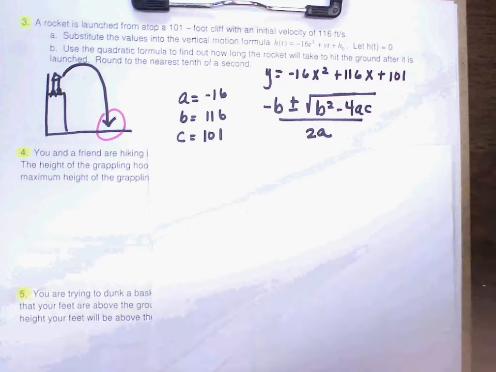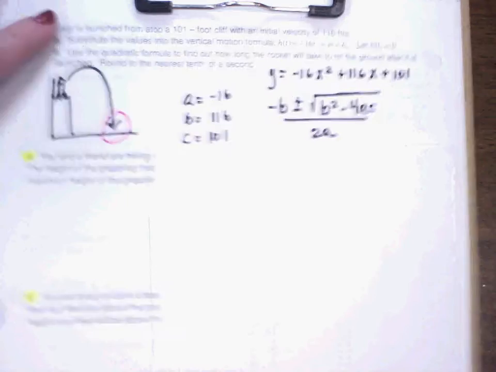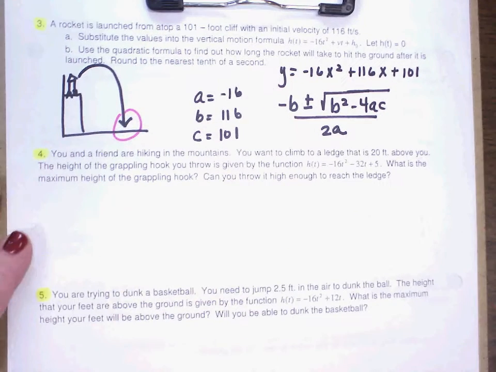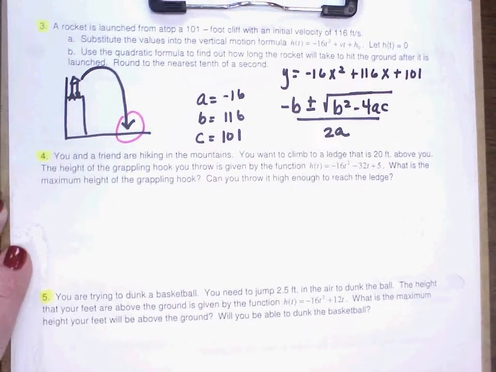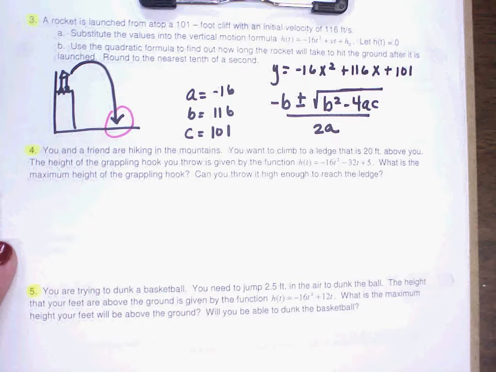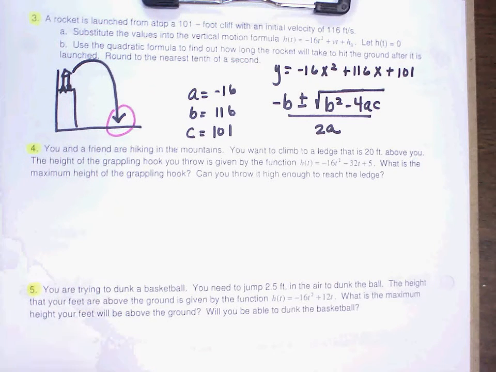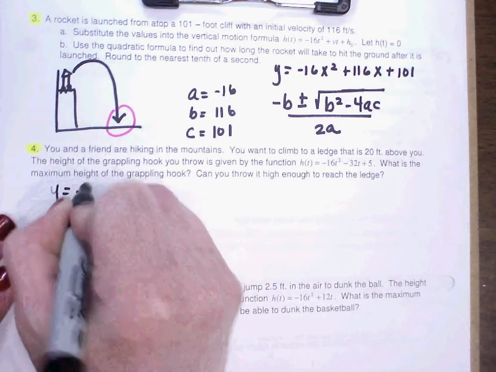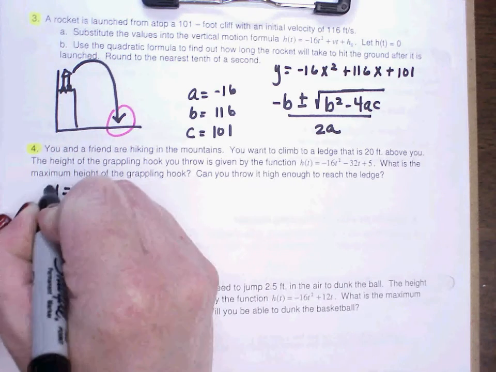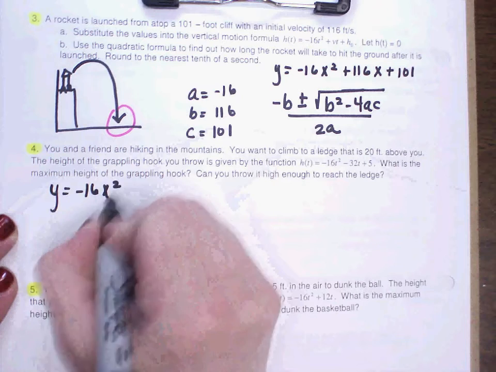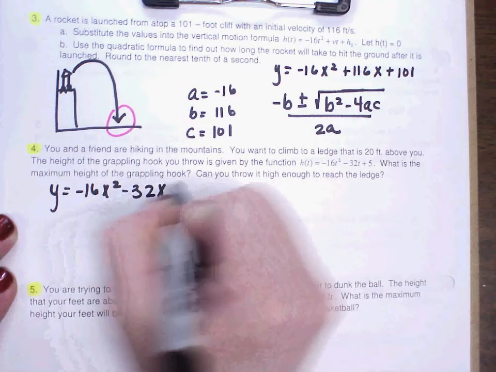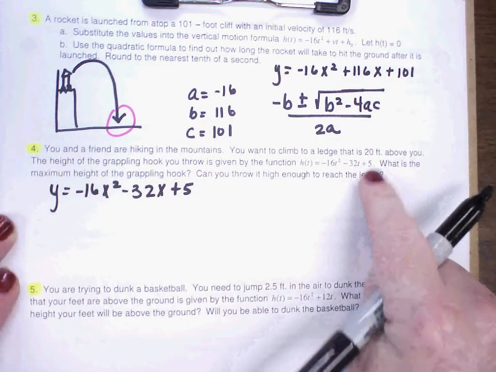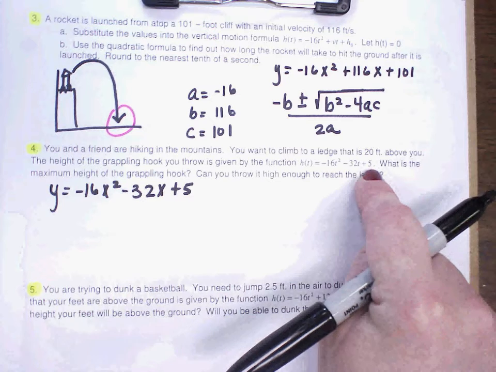Alright, so for number 4, it says, you and a friend are hiking in the mountains. You want to climb to a ledge that is 20 feet above you. The height of the grappling hook you throw is given by the function negative 16t squared, because x is time, minus 32x plus 5. That means that whoever is throwing the hook is 5 feet tall, right?